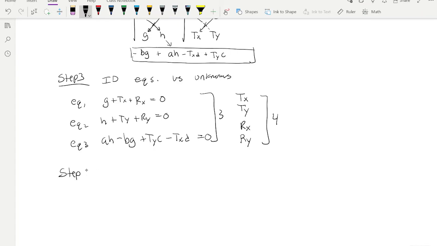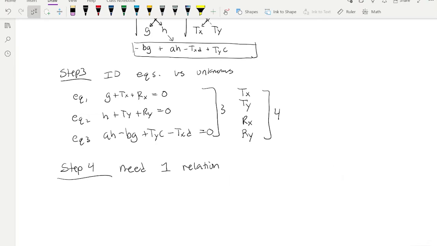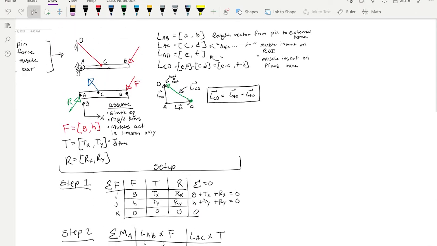So we need one relation. We come back up and say we assume the muscle acts in tension only, and we know the direction.